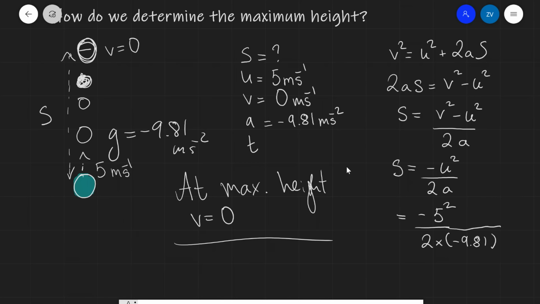Because we're decelerating, the object is slowing down towards its maximum height. Notice that the two negative signs are going to cancel out, and we can just input this into a calculator and find the maximum height is 1.27. Let's use two significant figures, so this will be 1.3 meters.